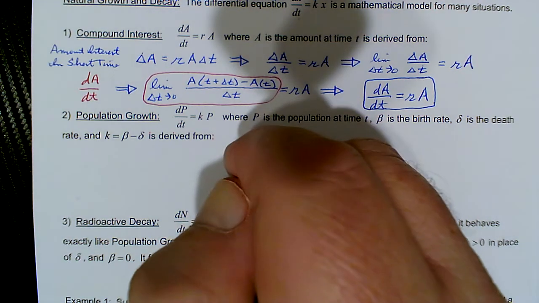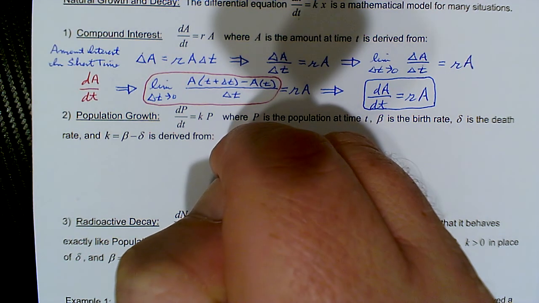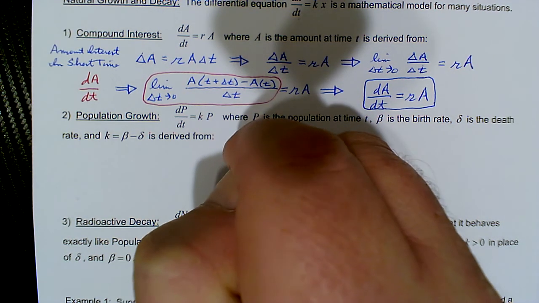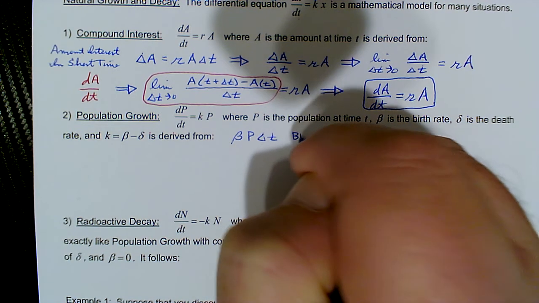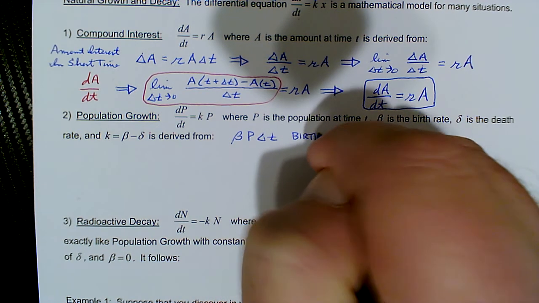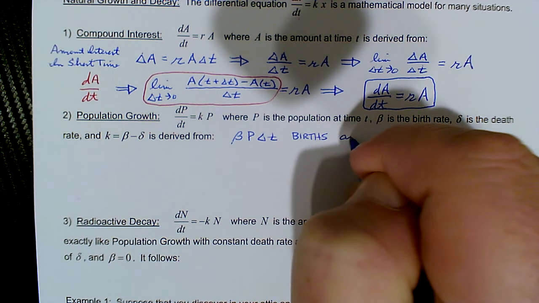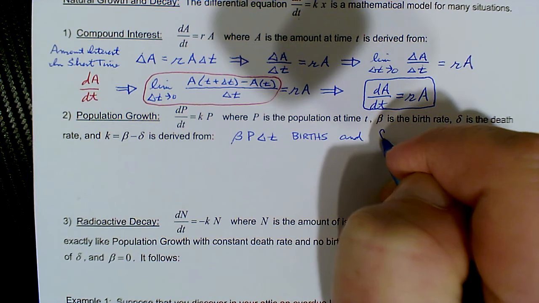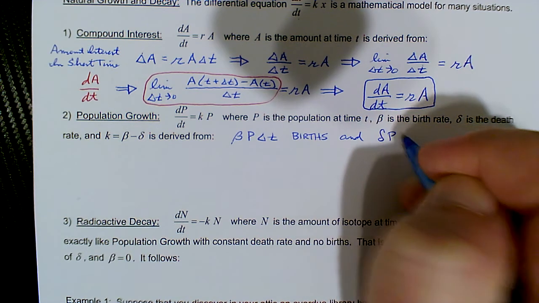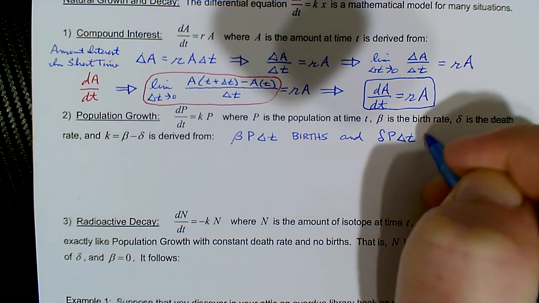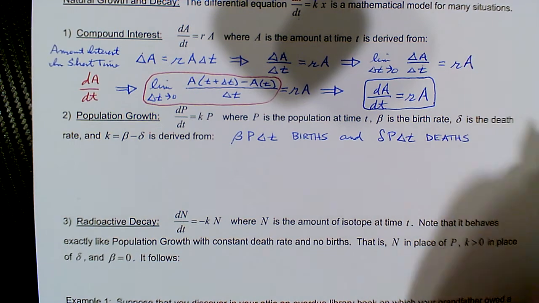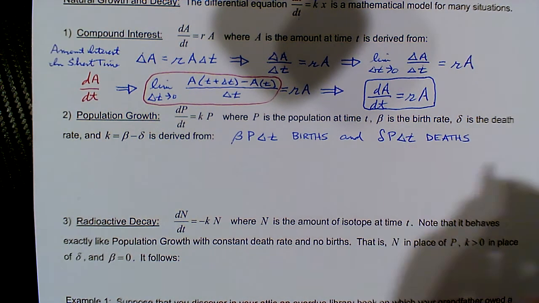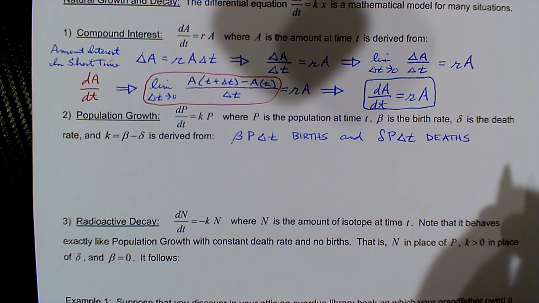There are going to be beta times the population times the change in t births, and delta times the population times the change in t deaths during some short interval of time.